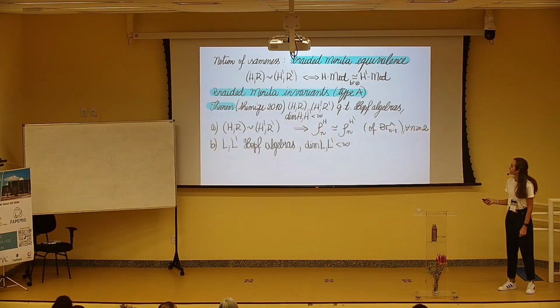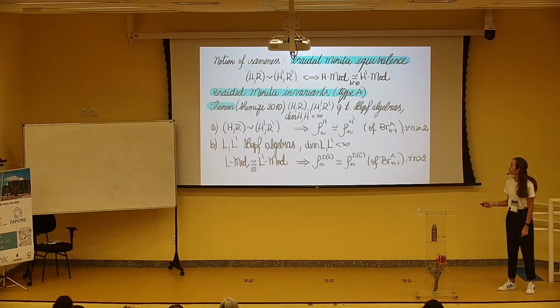And the second part is that every time you have two finite dimensional Hopf algebras, if you just want monoidal equivalence, not braided equivalence, and you have that, then the representations with the Drinfeld double are equivalent.